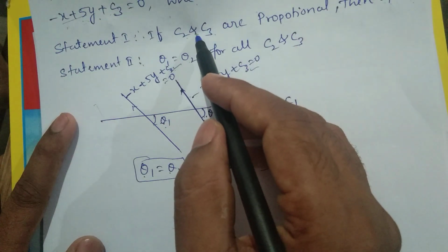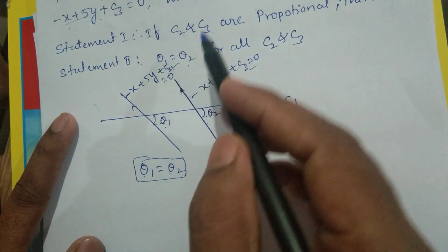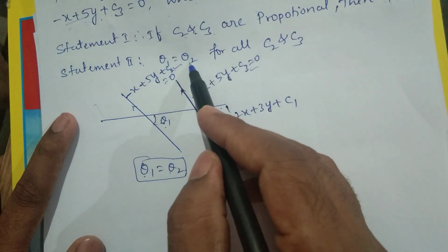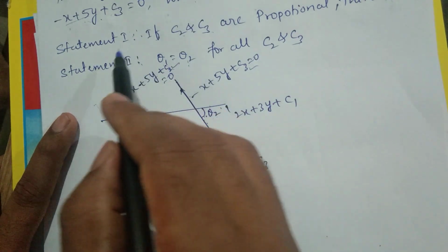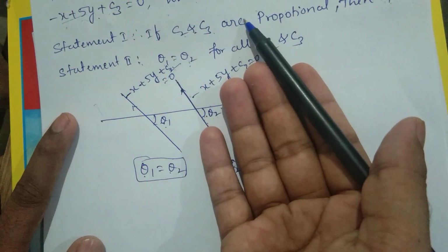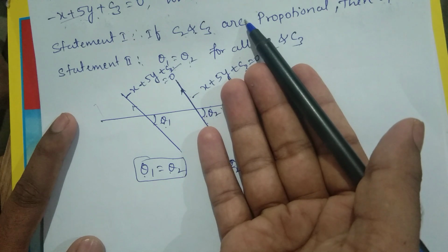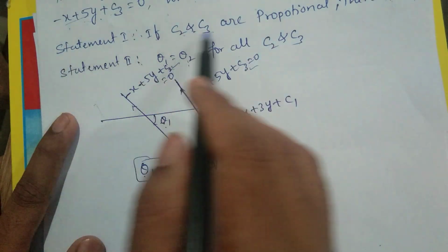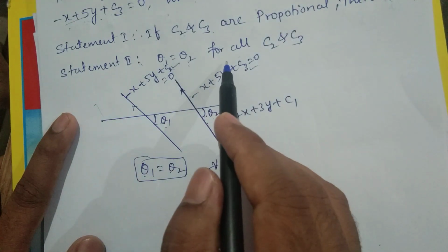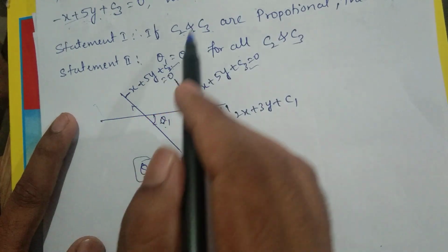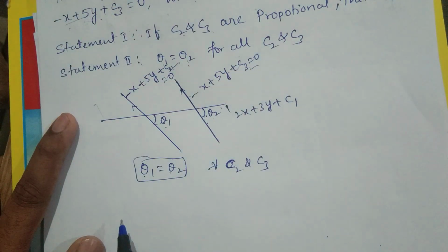Statement 1 is also true and statement 2 is also true. If statement 2 is true, it is automatically understood that statement 1 is also true. Now what conclusion can we give? Statement 1 and statement 2 both are true, and statement 2 is defining statement 1.